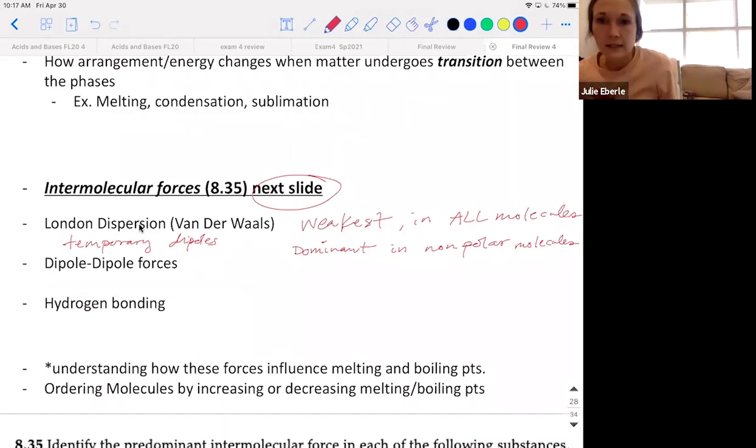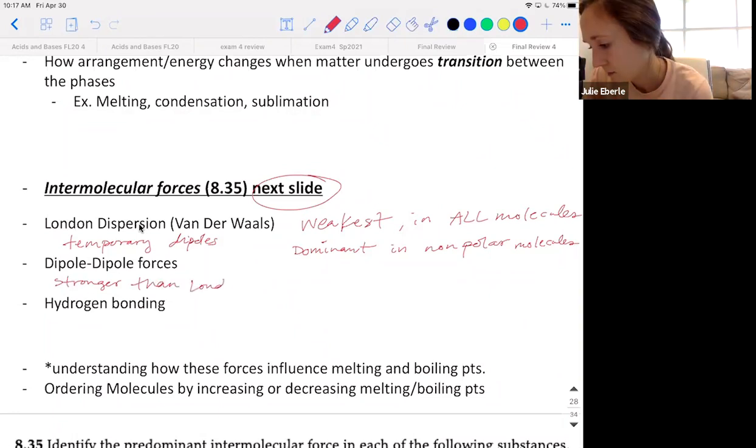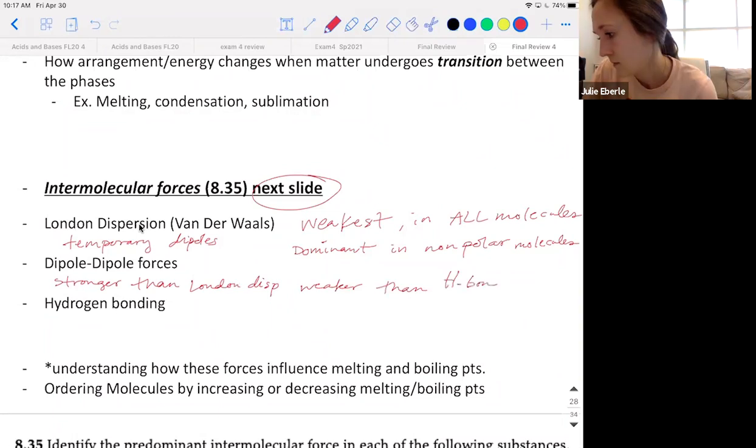Okay, dipole. That's another kind. This is stronger than London dispersion, but weaker than hydrogen bonding. And these are created in polar molecules.